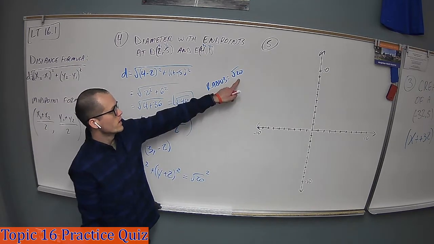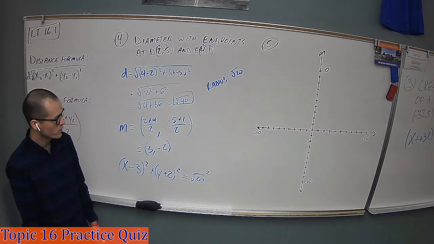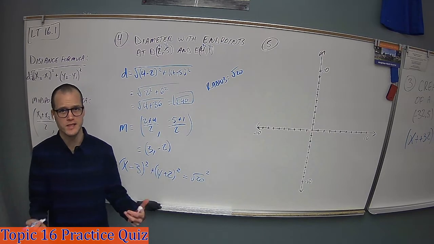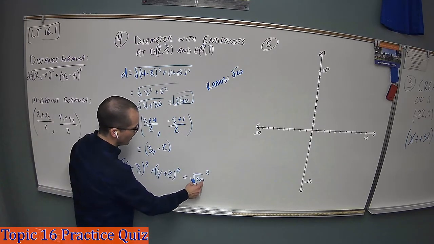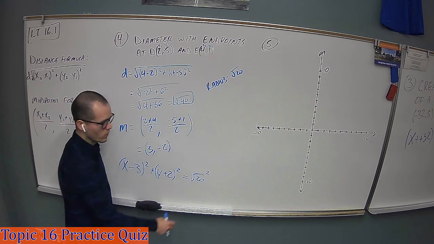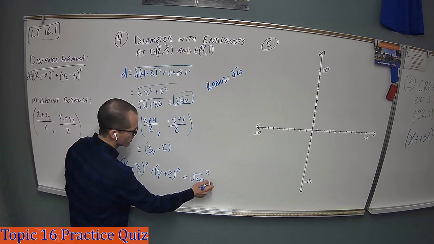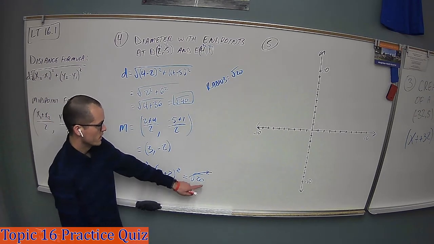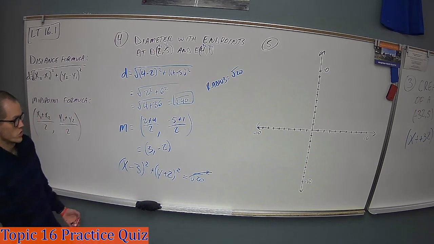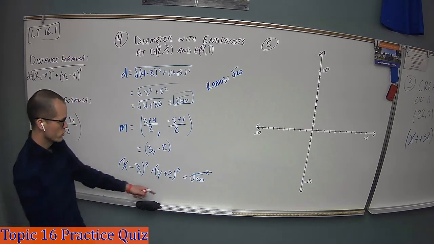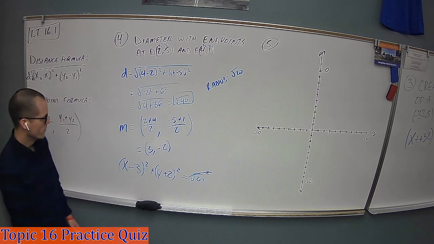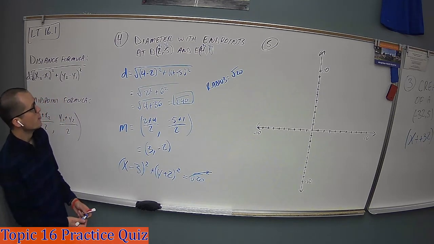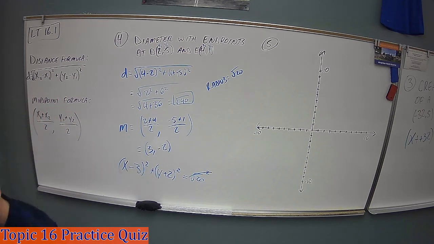Because this is our radius and we've got to square it. If we wanted to simplify that, this is similar to the last one with the 11 just a moment ago. We know the square and the square root are inverse operations. They cancel each other out. So effectively, we can just say that the right-hand side is just 20, and the radius would be the square root of 20, as we showed here. Okay, that's number 4.